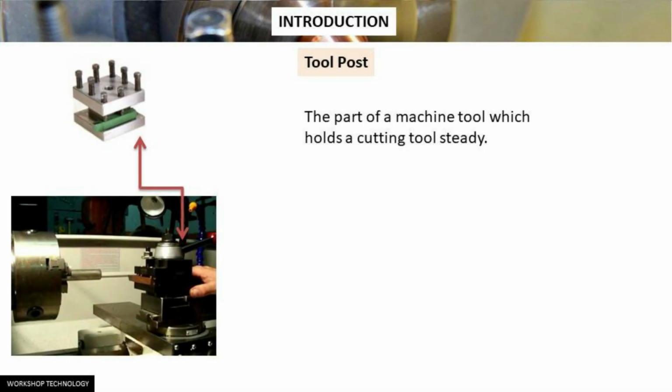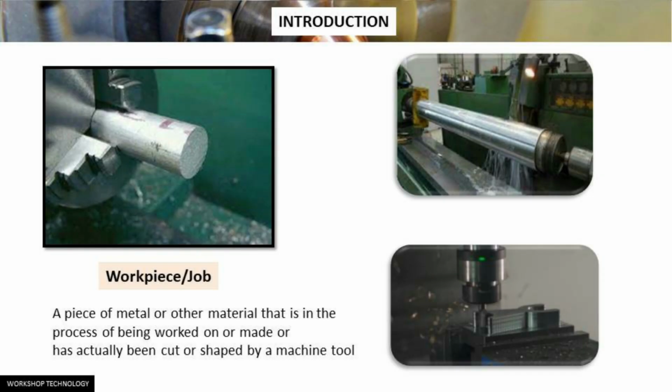Next we have the tool post. A tool post is that particular part of a machine tool which holds a cutting tool. The cutting tool that we have discussed right now is held by a tool post, as you can see here. Next is the most important part for any machine tool. It, however, is not a part of the machine tool, but it's an integral part.